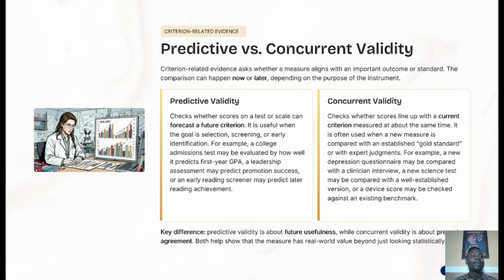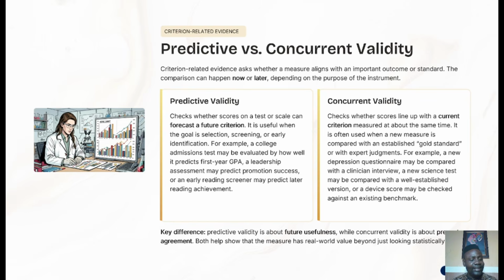We already have a standard instrument to measure intelligence quotient, widely known. So somebody now develops another one, and the same students were given the two. We now classify one of the students as having a high intelligence quotient by the standard instrument, and the other one classifies the person as low.